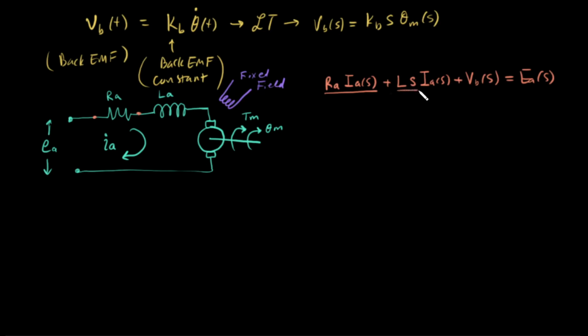The second term is the voltage drop from here to here. And this third term is our back EMF. And the back EMF is actually a voltage that's produced here as the motor rotates, and it actually opposes the applied voltage.